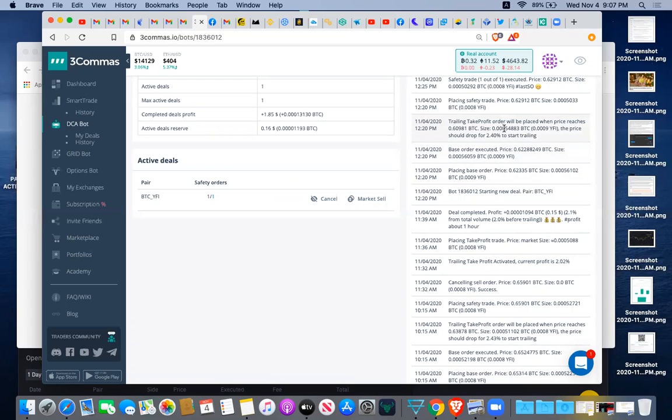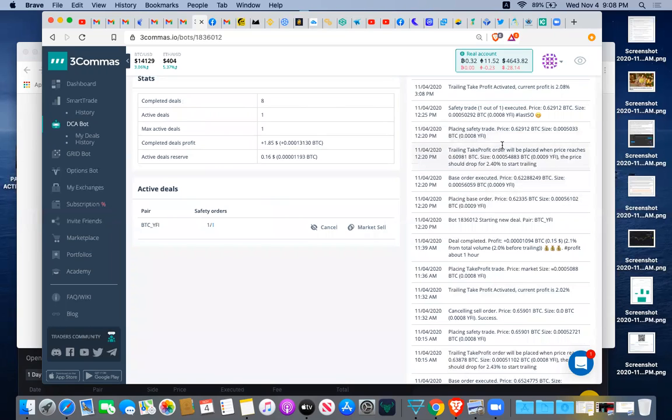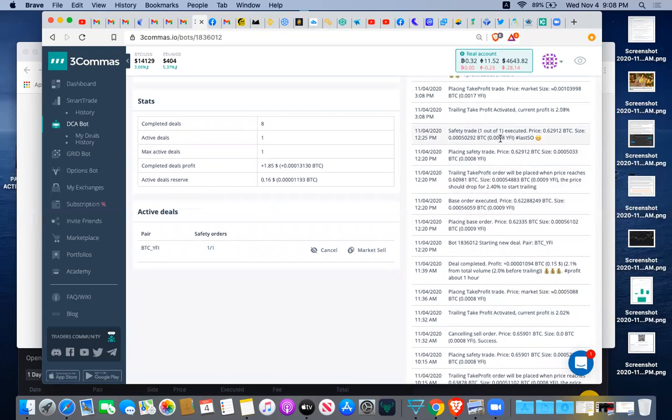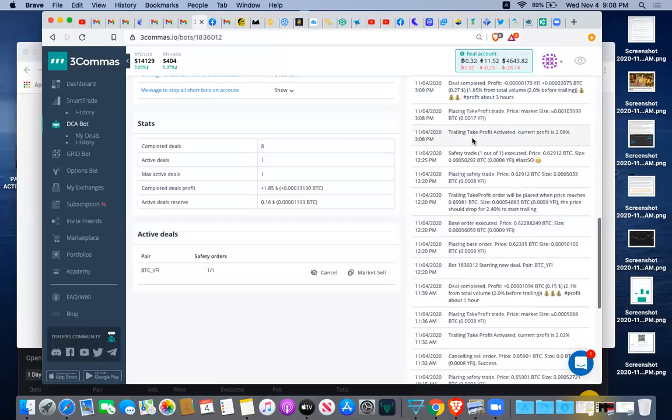Trailing take profit order will be placed when price reaches this, so it will push it up more than what it was. Then the trailing continues. Now safety order placed. Safety order 1 of 1 executed. Trailing take profit activated. Current profit is 2.08%.